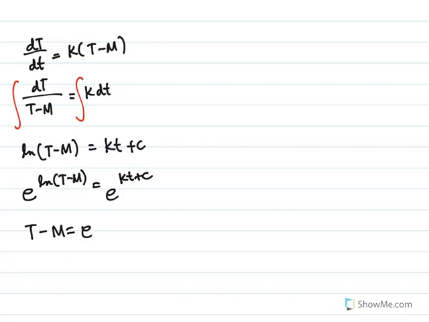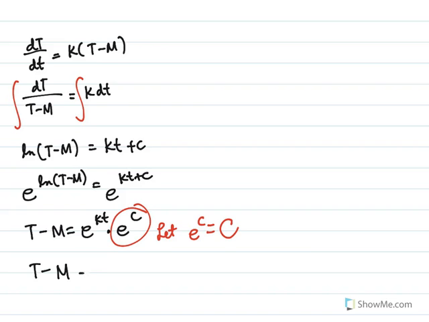E raised to kt plus C can be written as e raised to kt times e raised to C. But e raised to C, we can let this be a single constant, capital C, such that we will have here T minus M is equal to C e raised to kt.